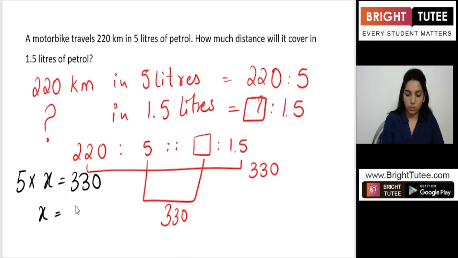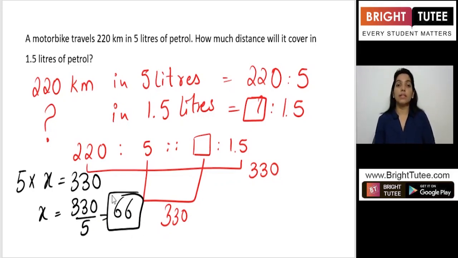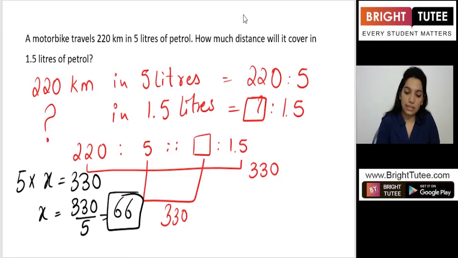So x is equal to 330 divided by 5, and the answer for this will be 66. So a motorbike travels 220 kilometers in 5 liters of petrol, and the distance it will cover in 1.5 liters is 66 kilometers. So what method have we used here? We have used the method of ratios and proportion to get this answer, right?